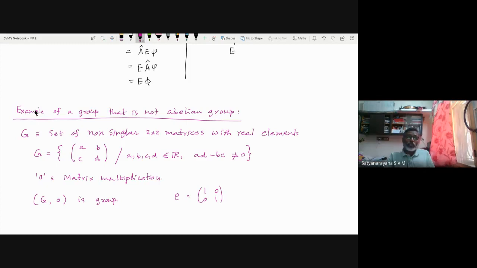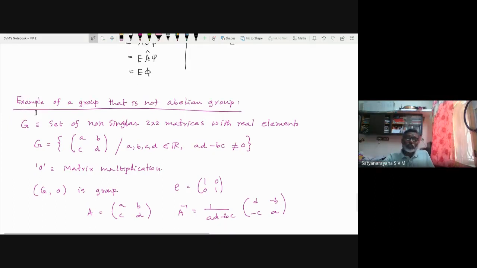Suppose you take a matrix A equal to (A, B; C, D). Then A inverse is 1 by (AD minus BC) into (D, minus B; minus C, A). So this is its inverse. For every A, the inverse exists, the identity exists, associativity you can check easily, and closure is there. It's a group.